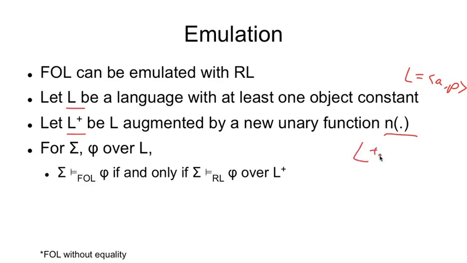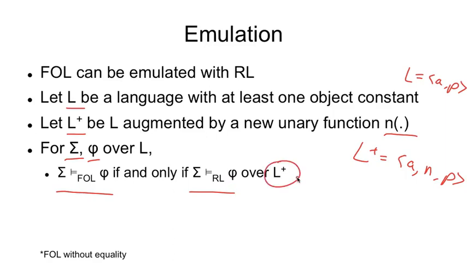So Arrow plus in this case would be object constant A, function constant n, and the relation P. Now, for any set of sentences sigma and a sentence phi over the original language Arrow, we have the result that sigma entails phi in first order logic if and only if sigma entails phi in relational logic over this extended language Arrow plus.